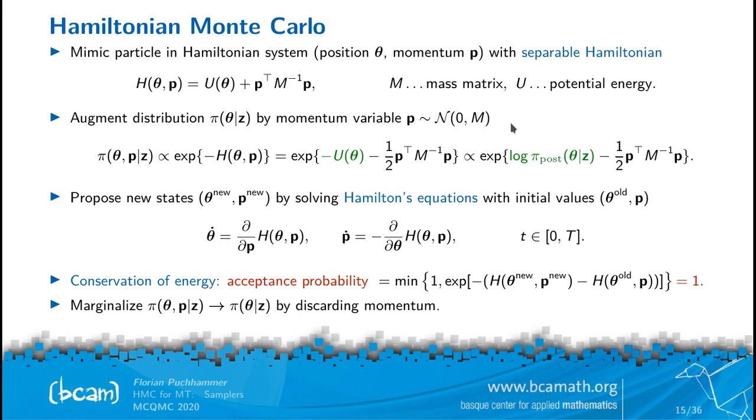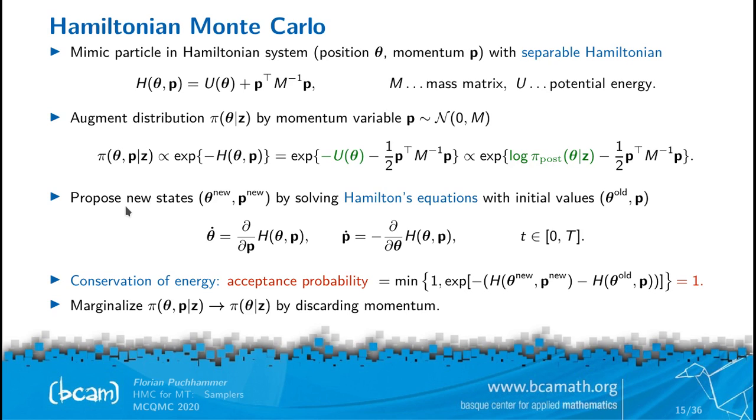And now in the statistical setting, we just augment the distribution by a momentum variable. So at each iteration we draw this momentum variable and augment the distribution in the following way. This is just a definition again, and here we see how we do it in a problem outside of molecular dynamics. So we take the potential energy as minus the log of the posterior.